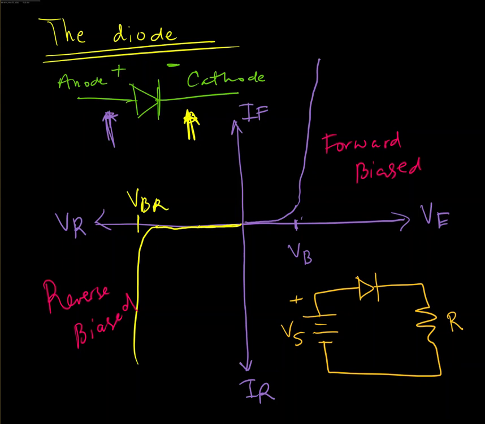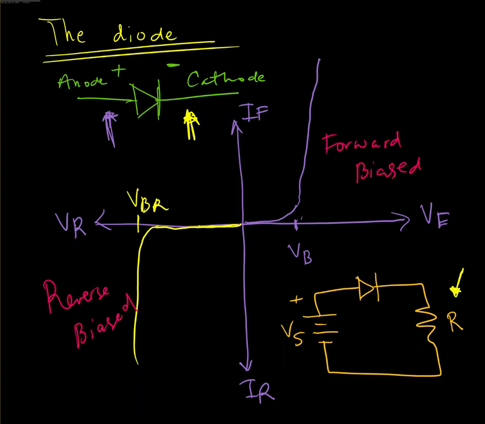So you are going to make Vs bigger than Vb so that the diode is on, but you're going to vary this load resistor, and you're going to measure Vd and Vr through measurement with your voltmeter.